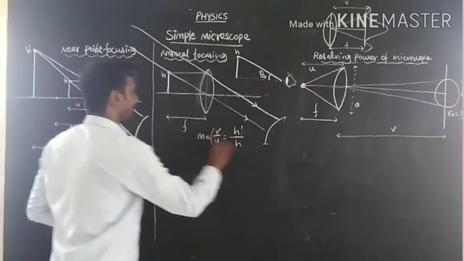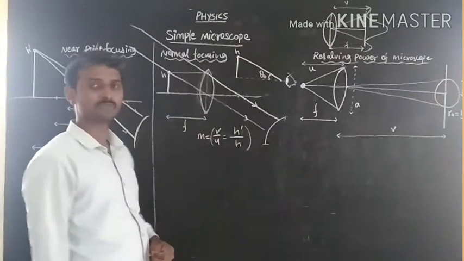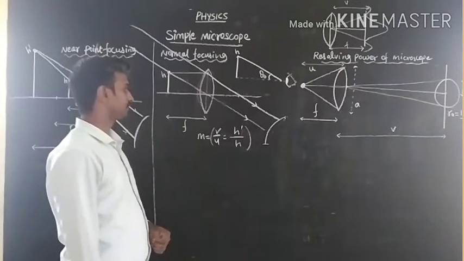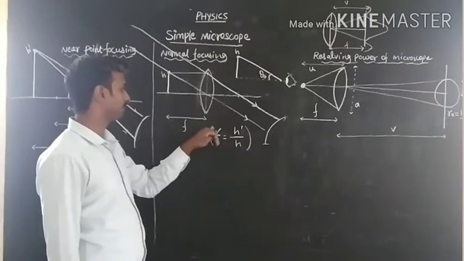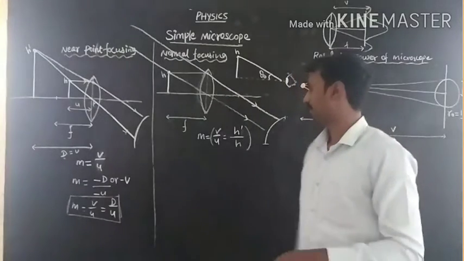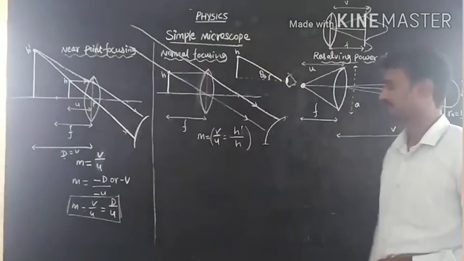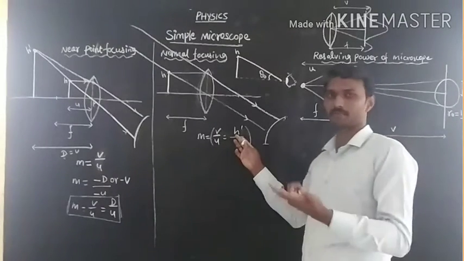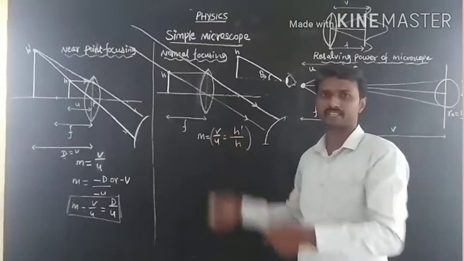But it is not true. We cannot bring this out. So for this case, we are going to get the position of the object and the position of the image on the basis of angular magnification. Actually, we cannot find the height. The position is infinity, and we don't know anything.